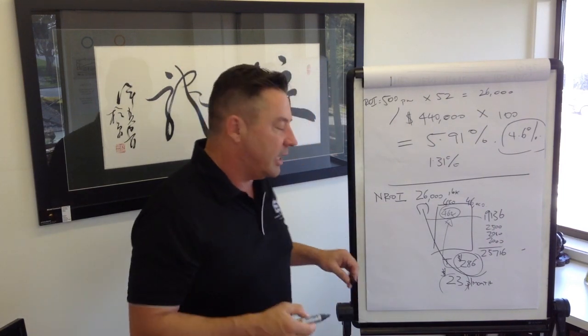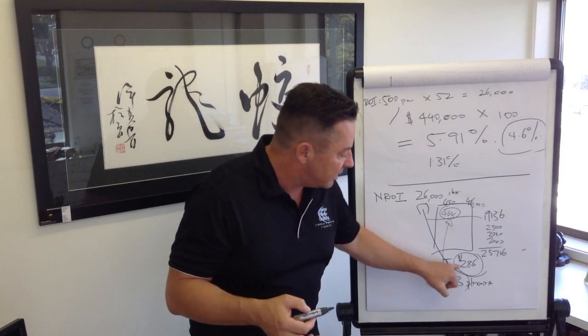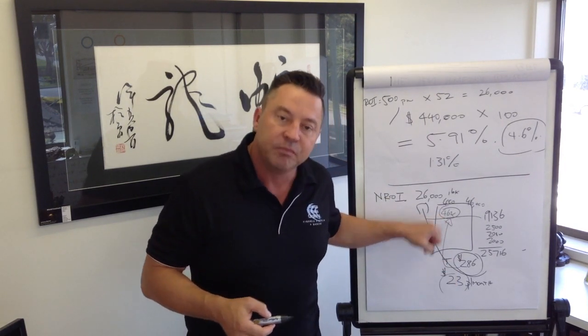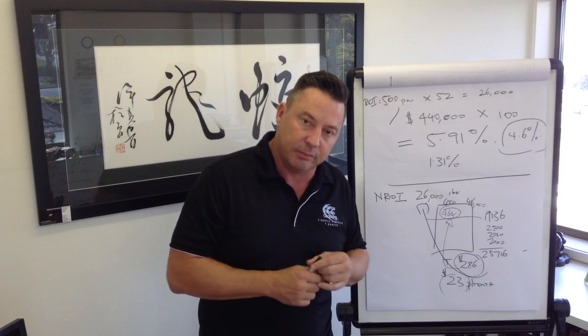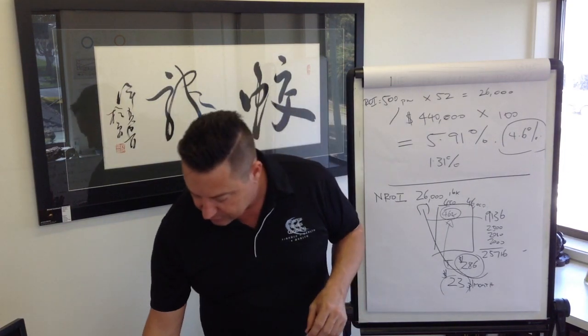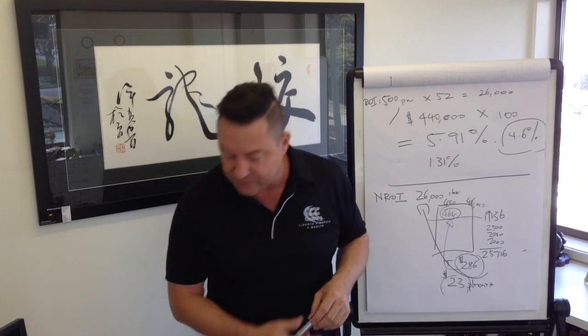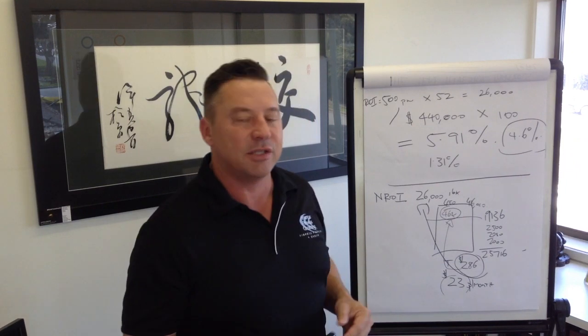So that is now getting into our numbers where we talk about our cash on cash return number. This number per annum divided by that number gives us our annual cash on cash return. Now let's do it. So $286 divided by $46,000 multiplied by 100 gives us a 0.62% cash on cash return.